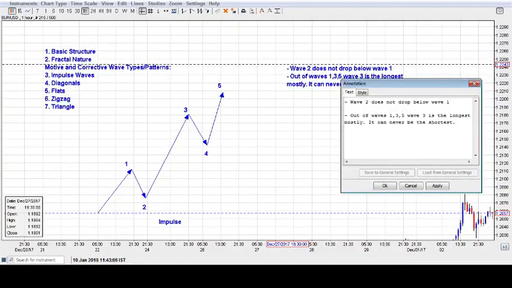What does this mean? It's very clear, but still I would like to spend some time. Let's say in most of the cases, if you understand the psychology of wave 3, that is where the participation is the maximum.